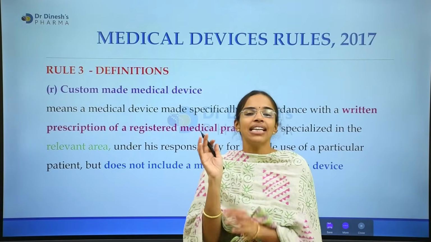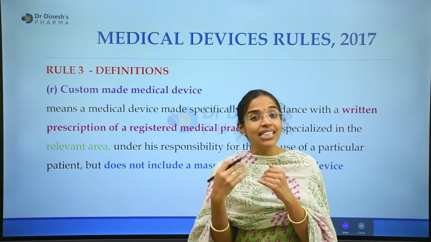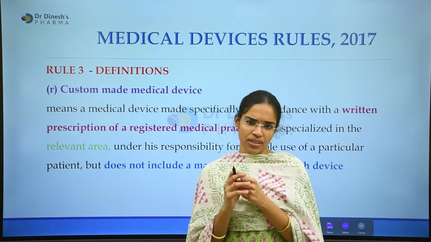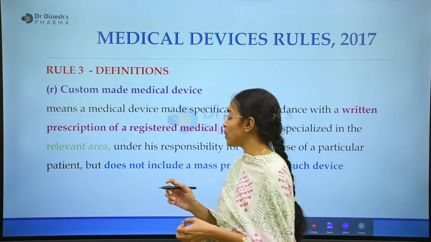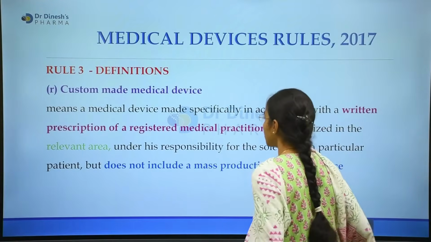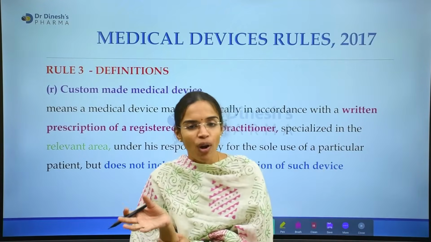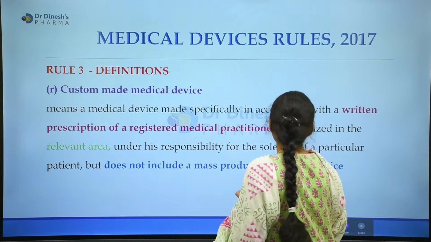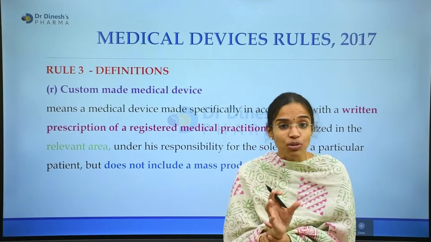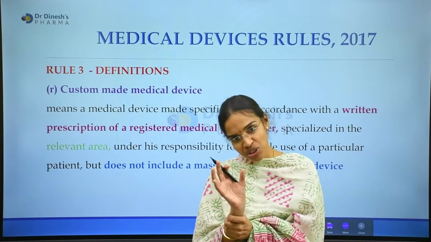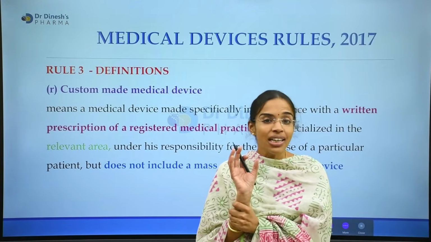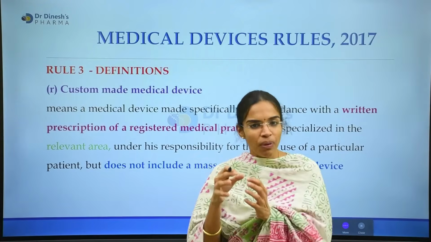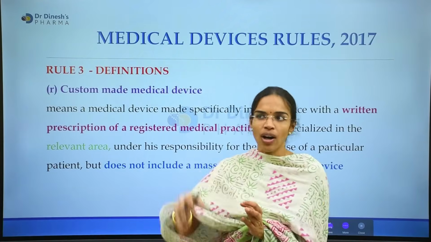It means any medical device which is made or designed according to a particular purpose. Here we can see the definition also. It is made according to specific provisions, in accordance with the prescription of a registered medical practitioner or according to the requirements of a particular patient or person.